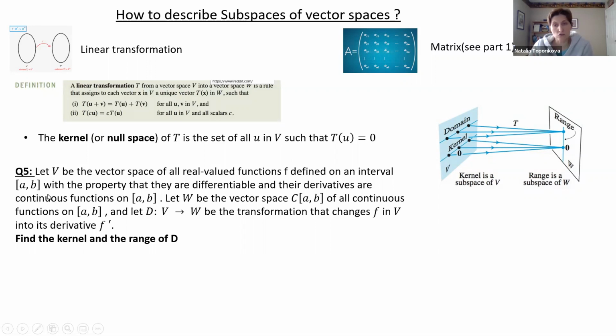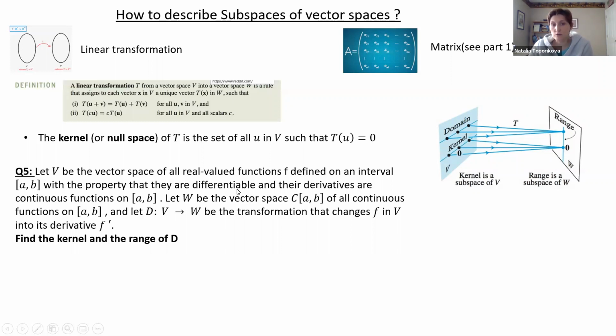And we don't ask too much from these functions. We just ask that they are differentiable on this closed interval from a to b. Then we will define a transformation D from our vector space V to W, and this transformation will change any function f to its derivative, which is why we require it to be differentiable.